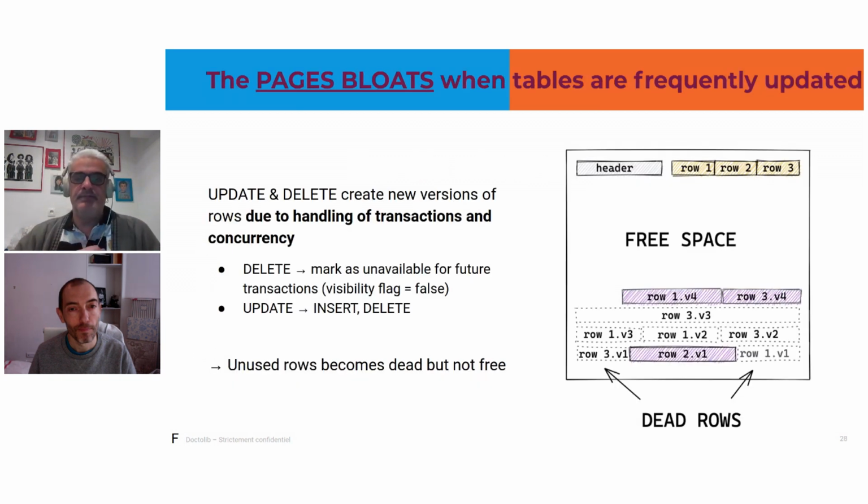So sometimes we have the bloating problem when we modify data inside the table. So when we do updates or deletes, we have new versions of the rows, because there is one thing, that databases are ACID compliant. So we have concurrency between transactions. We have 2 or more transactions running in parallel.